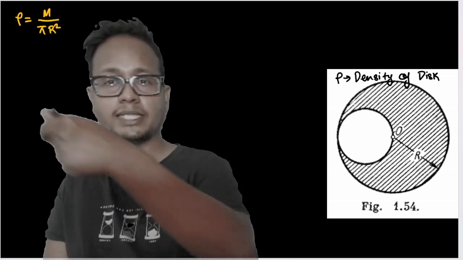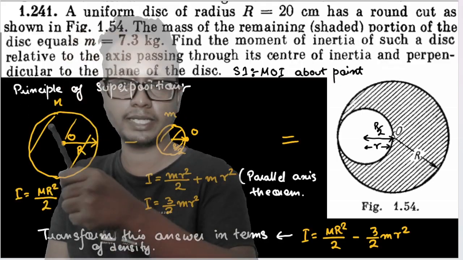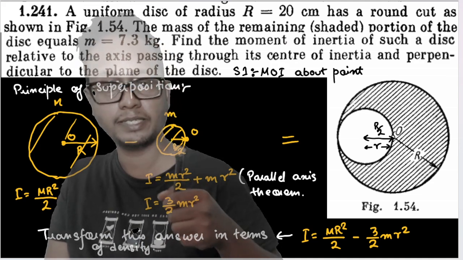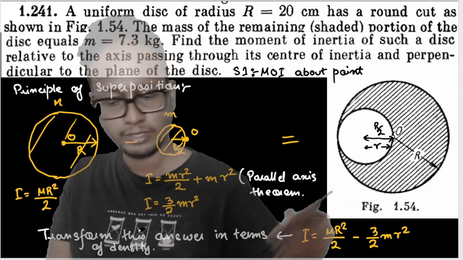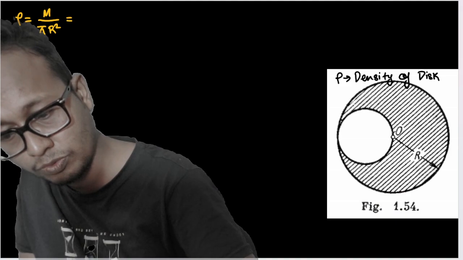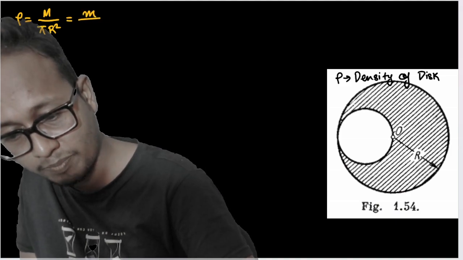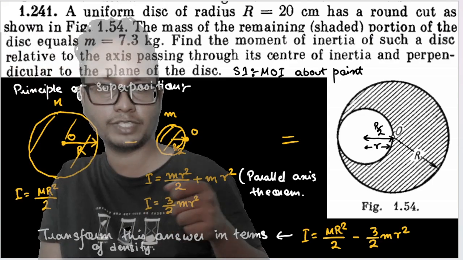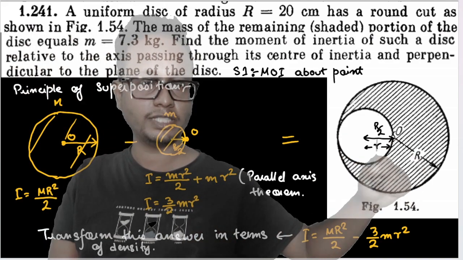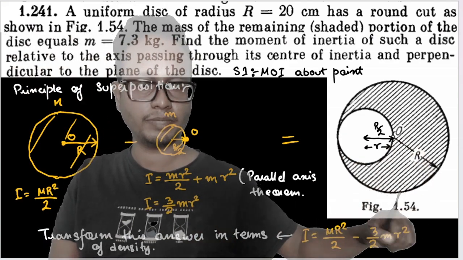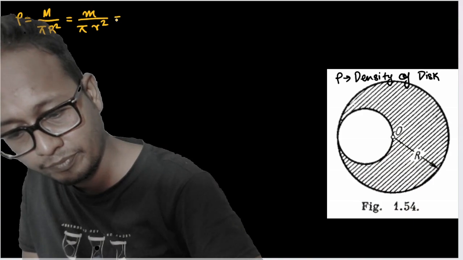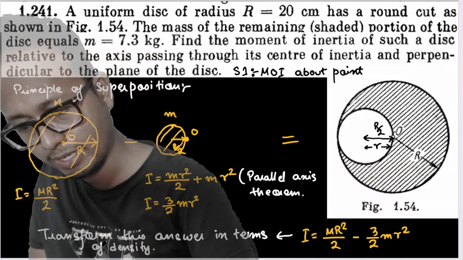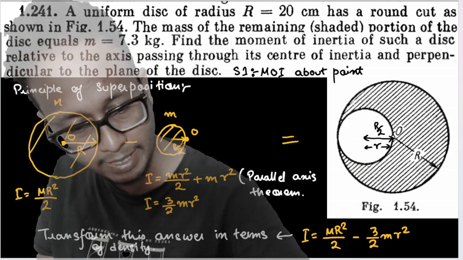Okay, so mass divided by area of this circle should be equal to mass divided by area of this circle, isn't it? Because everything is made up of the same material. Which is equal to the mass of the smaller part divided by the area of the smaller part, isn't it? Let the mass of this part be another variable, let's say m, or m dash.